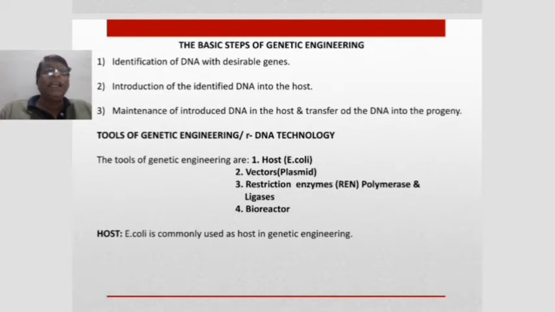Say for example, if you come from a village you will know, bajra crop is there. Bajra means sajje. That bajra is having natural drought resistant character.